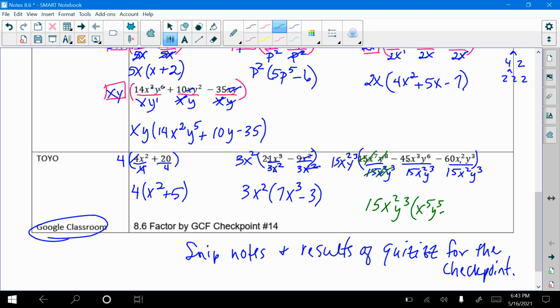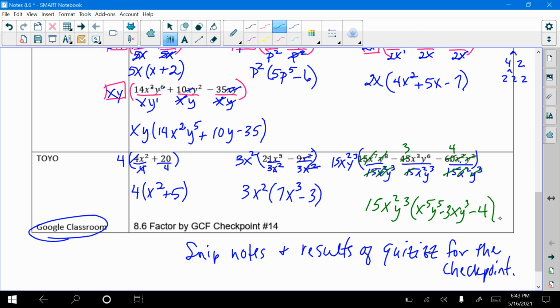Minus 45 divided by 15 is 3, so it's going to be negative 3. And then x's, I've got 1 more on top. Y's, I've got 3 more on top. Minus, and 60 divided by 15 is 4. And my x's cancel and my y's cancel.